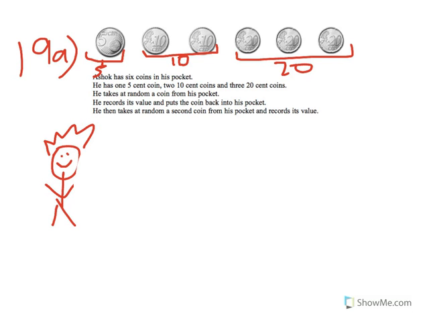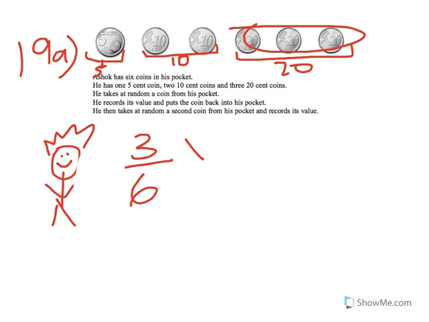Now, let's say he takes the first coin out of his pocket. What is the probability of him taking a 20-cent coin? It's nothing but 3 out of the total number of coins, which is 6. He looks at it, then puts it back into his pocket, so he still has 6 coins. For the second time he takes a coin out of the pocket, what is the probability of it being a 20-cent coin again?